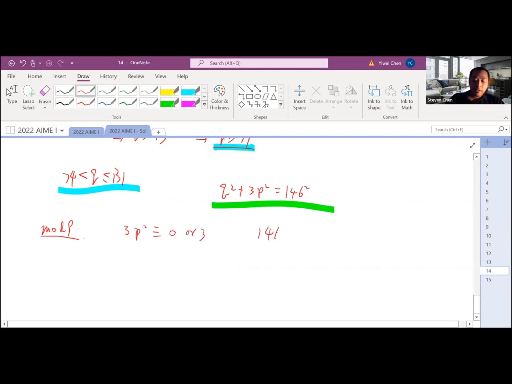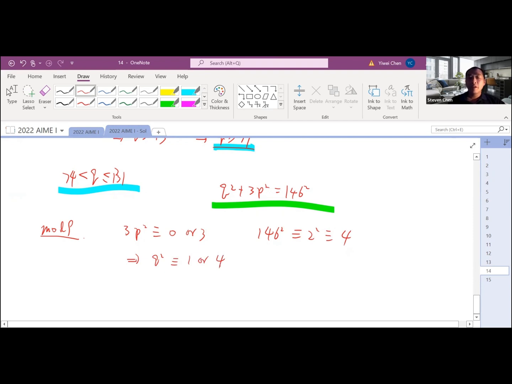And the right-hand side is congruent to 4. So how to make this equation hold modulo 9? That essentially requires q squared to be congruent to 1 or 4 modulo 9.